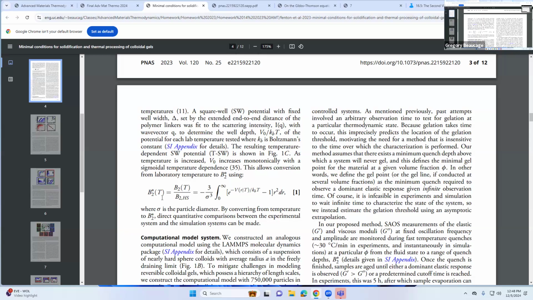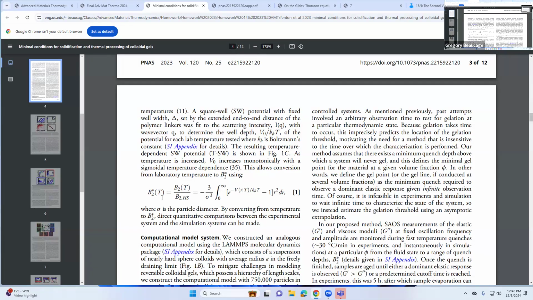As Q goes to 0 you get some number, and as you increase the concentration, this reduced intensity actually drops. The rate of that drop is B2. If you do a concentration series, you can get B2 from scattering directly.